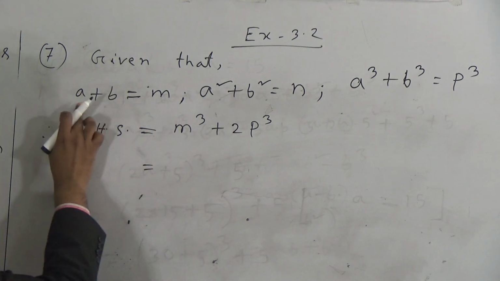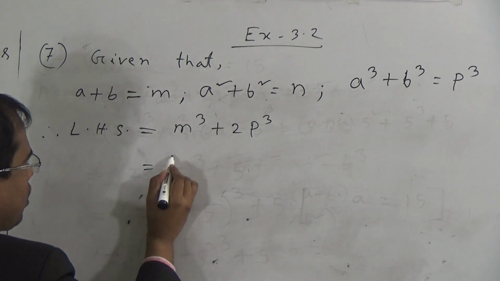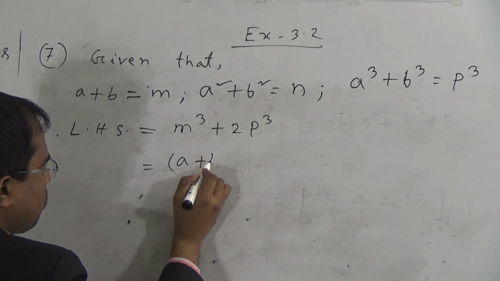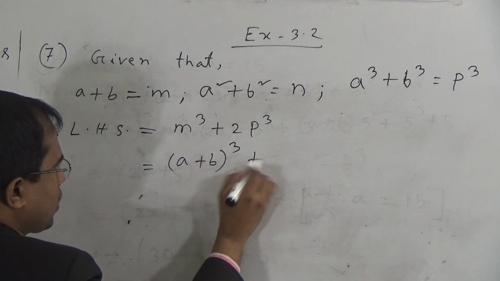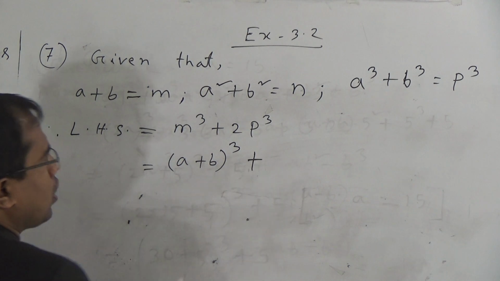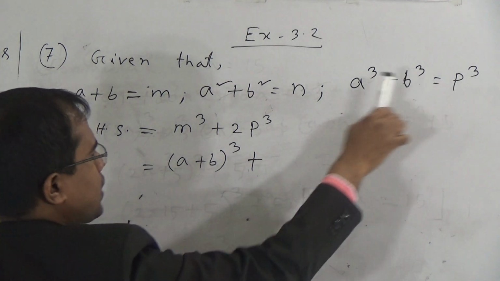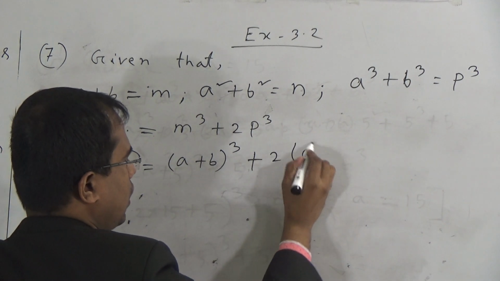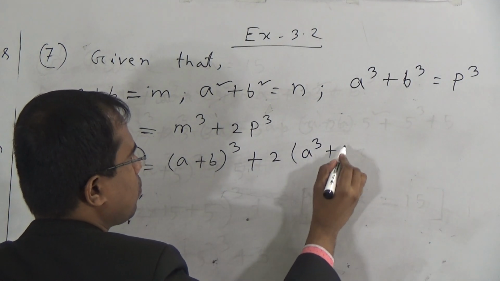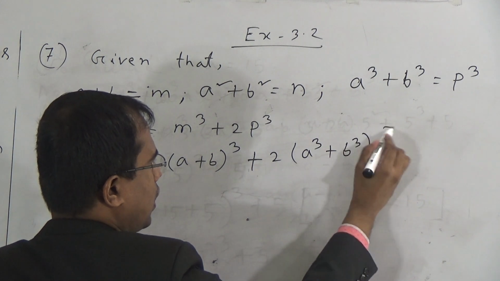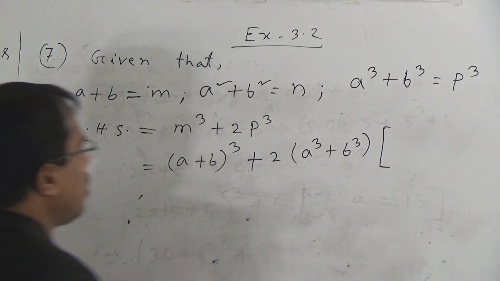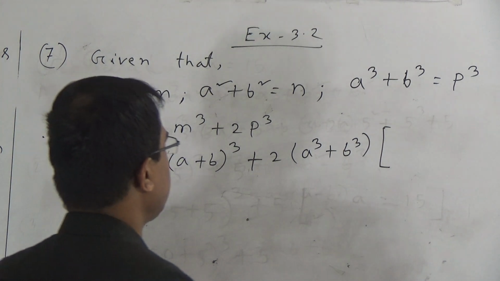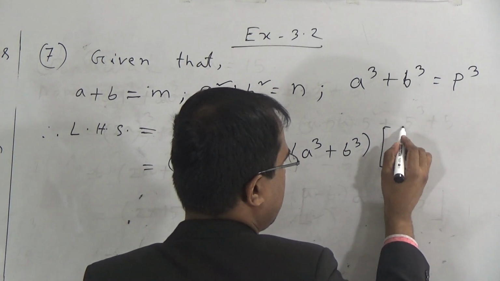Here the value of m is a plus b, so instead of m we can write (a plus b) whole cube plus 2 times, and the value of p cube is a cube plus b cube, so instead of p cube we can write (a cube plus b cube) in bracket, putting the value of m and p cube.